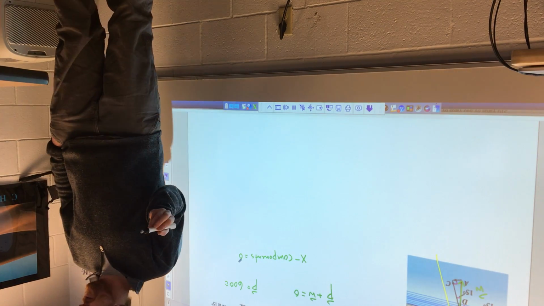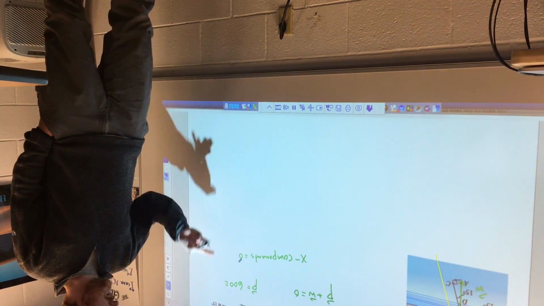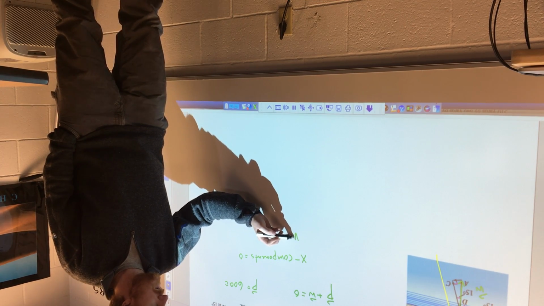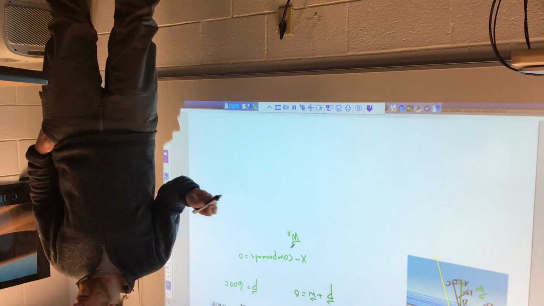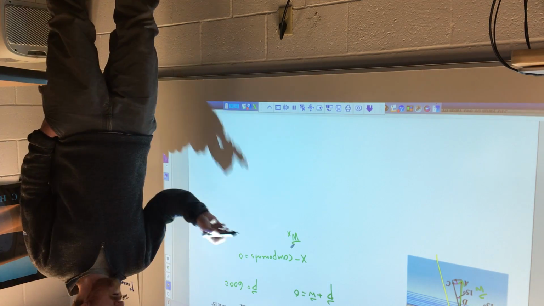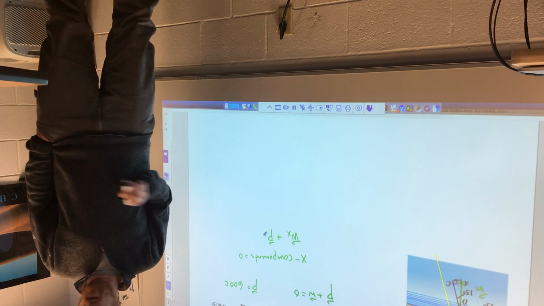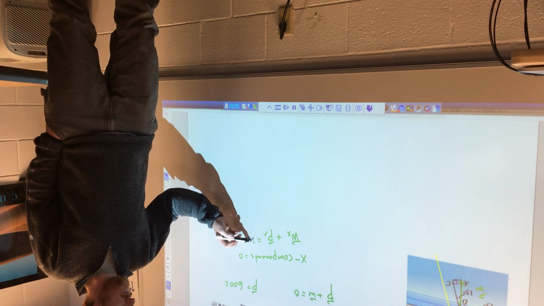The y components have to equal 0 too. So I know that the x component of the weight plus the x component of the pull equals 0.